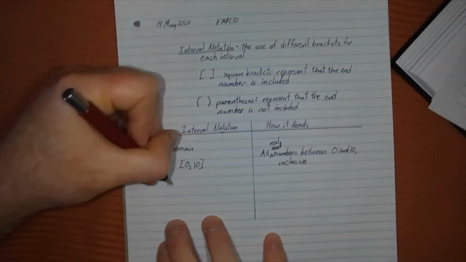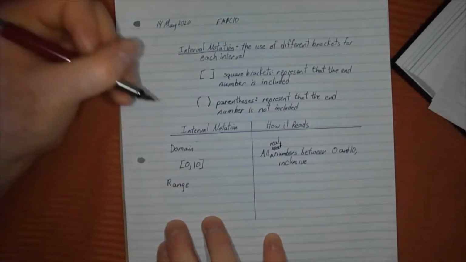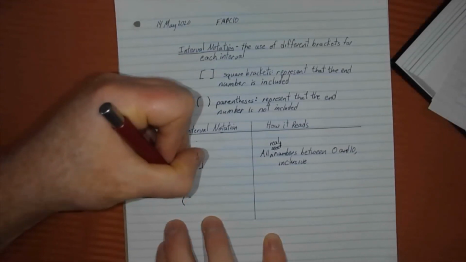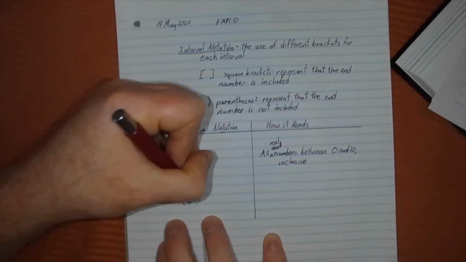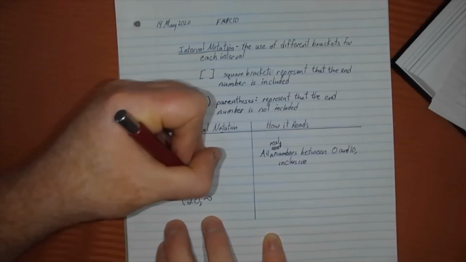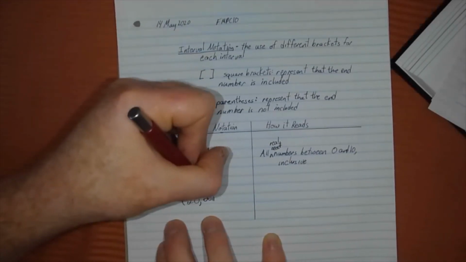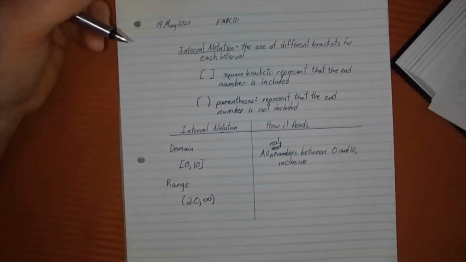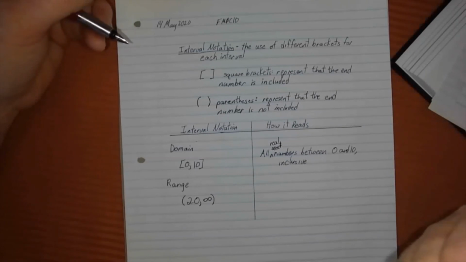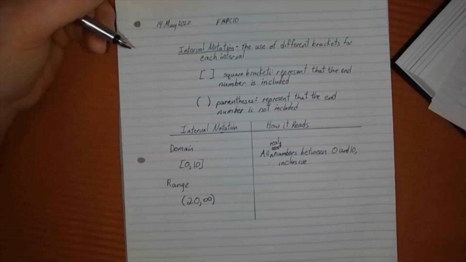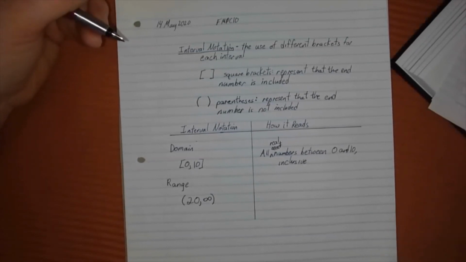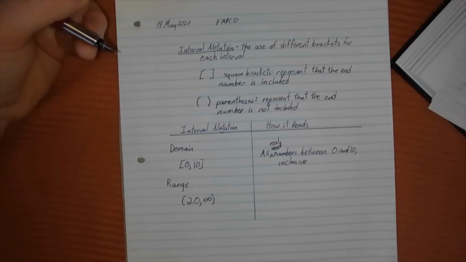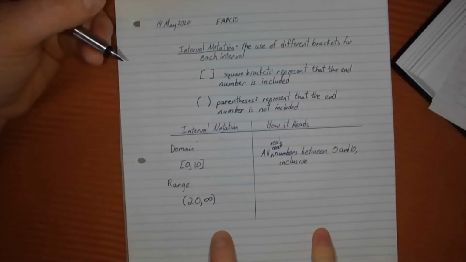The range: parenthesis 20, comma, infinity, close parenthesis. Anytime you use an infinity sign, it means it's going to go on and there's no set endpoint. And because there's no endpoint, you can't include a specific number, so you always have to use a parenthesis following an infinity.